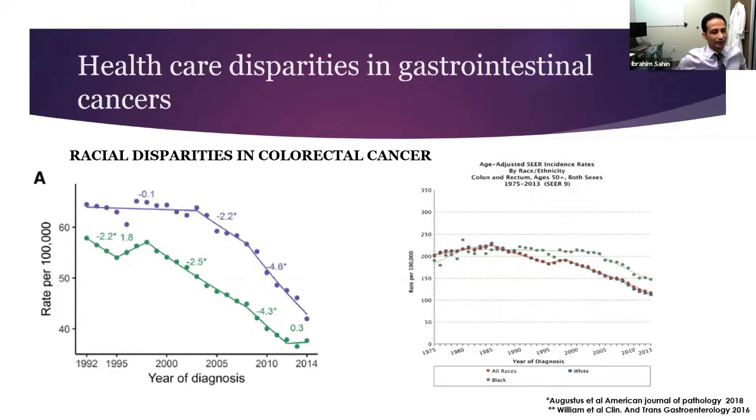Again, it clearly demonstrates that the green line on the top is the Black community, the brown line on the bottom is all races, and the blue line that crosses it is the white population. Over the two to three decades, the gap in the colorectal cancer incidence rate is there, and perhaps actually softening.